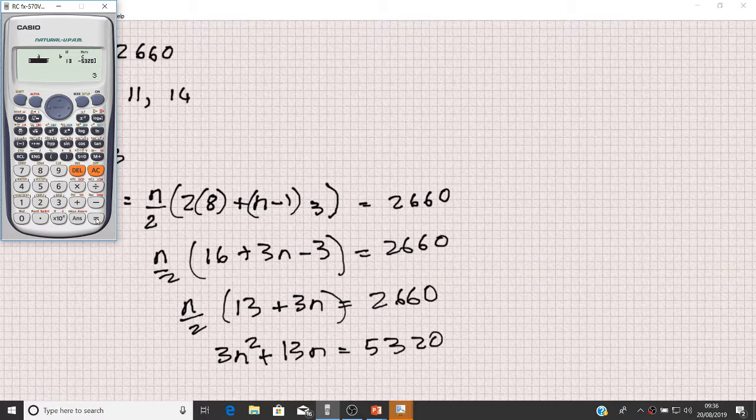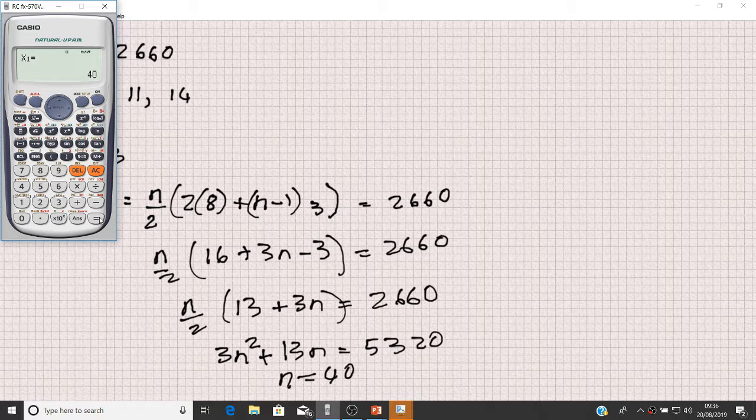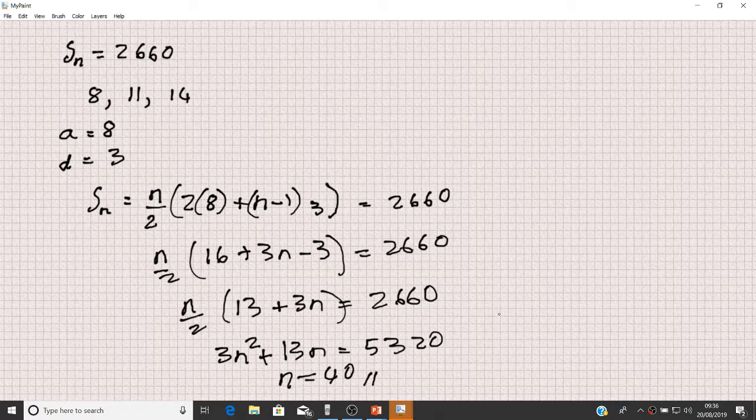So X1 equals 40. So n could be 40, or n could be a negative 133 over 3. So we have to reject the negative and leave n equals 40. Now, obviously in an exam, I wouldn't be using the calculator to solve the quadratic, but here it's kind of handy. So n equals 40. Okay, let's take a look at the third and final example.